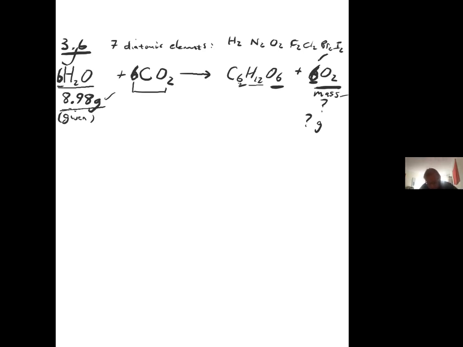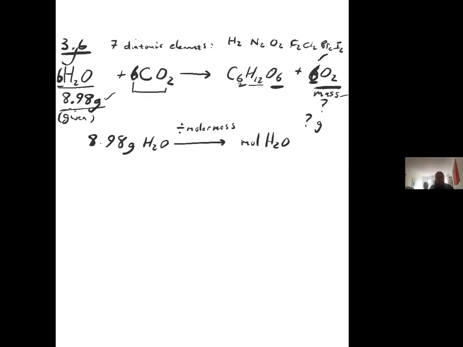So here's how we go about it. To get to moles, we're going to do exactly what we did earlier in the week. It's a mass to mole conversion. And what we said was to convert from mass to moles, you divide by the molar mass. That is going to give you the moles of water, okay?